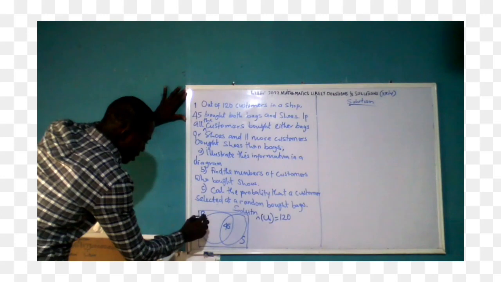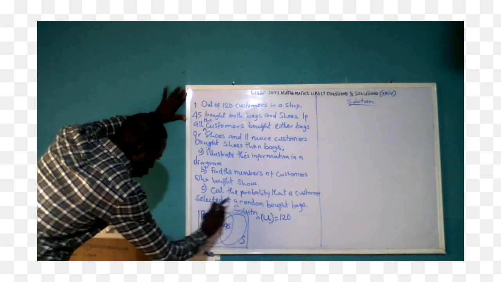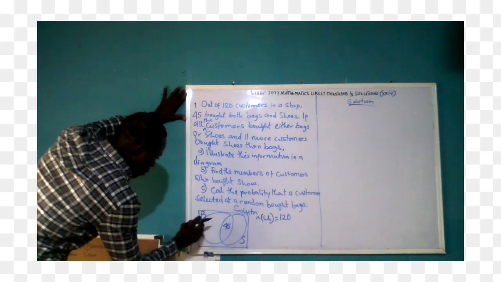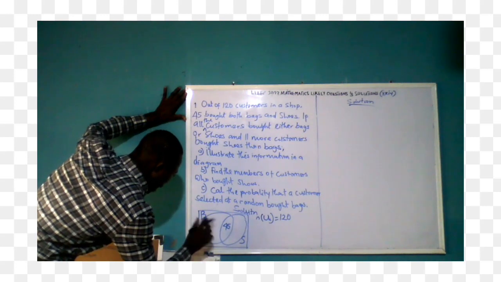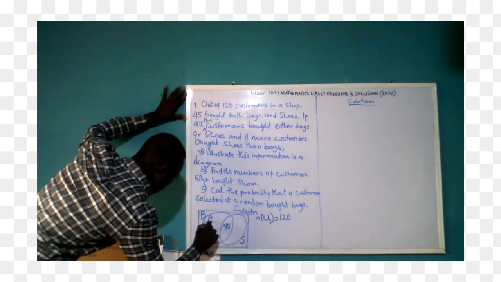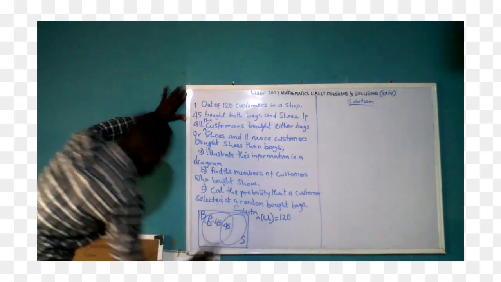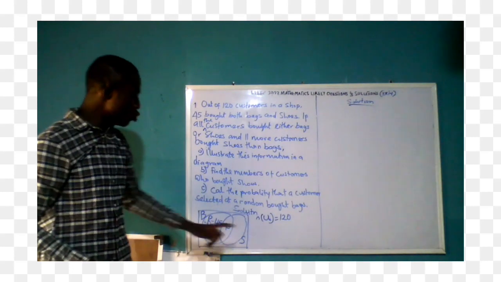This whole circle is represented by B. We are looking for bags only, and that will be B minus 45.